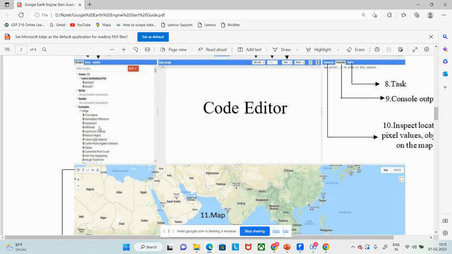There will be comments in them, written in green, so that you know which step is used for what. Here I will be teaching you, so you do not need to worry about that part. But after my teaching also, you can go to the example section and work on these things.